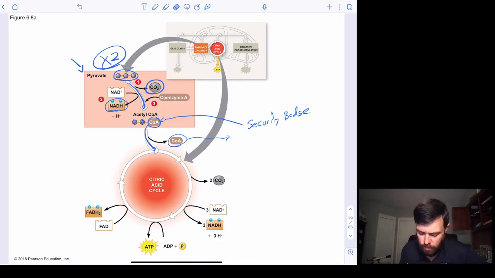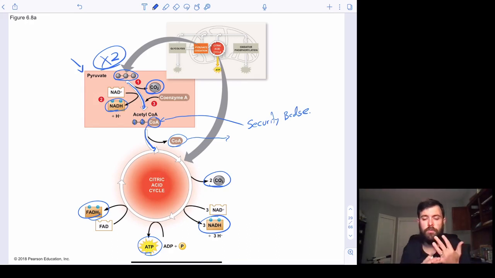As we turn, we get out our 2 CO2s. We get out some more buses. We generate a little bit of ATP, and we get out an FADH2. So that's, in a nutshell, what happens as we run the citric acid cycle.